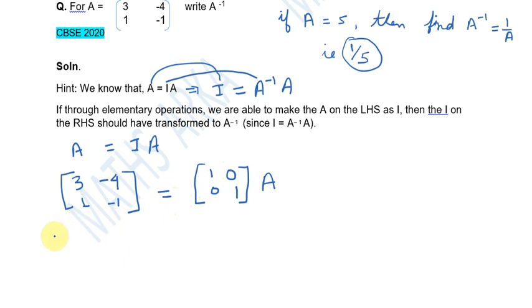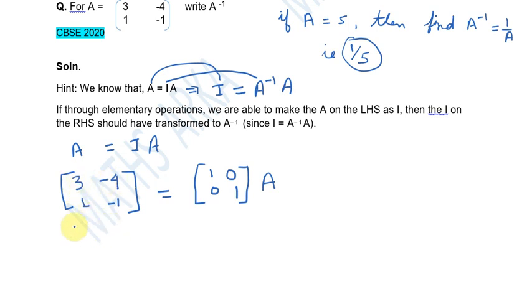Okay, so let's make it look like I. So we have to convert this to I. So what all can we do? First of all, in column 1, if we add these two columns, it would come out to be -1.